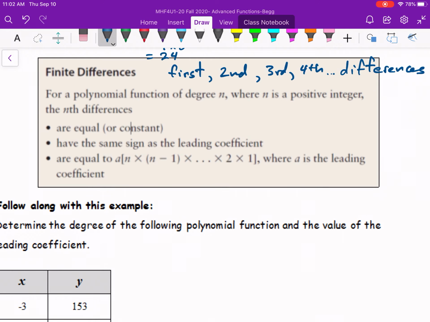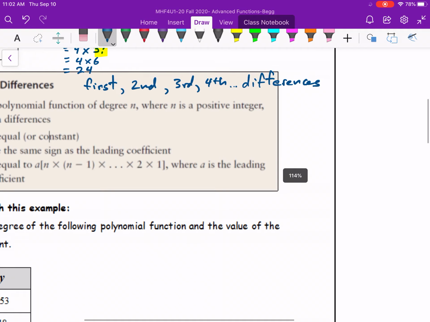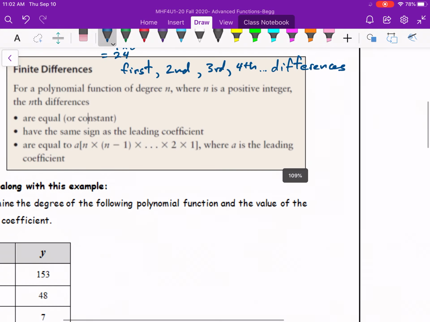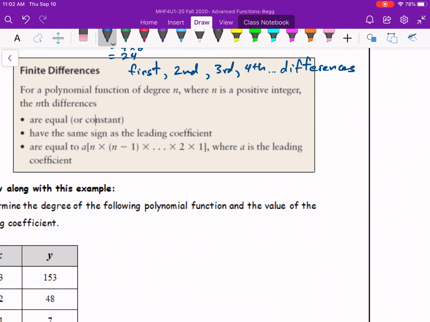So think about what you know. Let's talk about first and second for a second. You know that for a linear function, first differences are constant, and they give us the slope, right? Think back to grade 9. You know from grade 10 that second differences are constant.